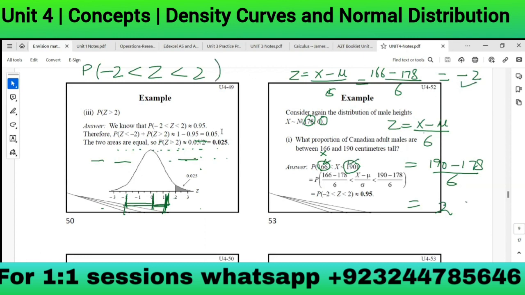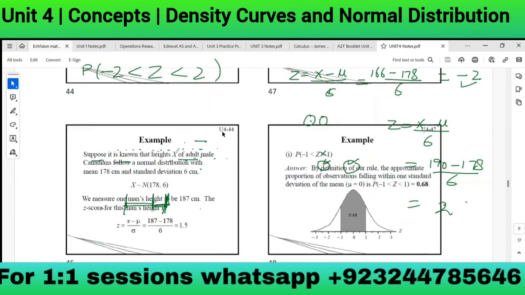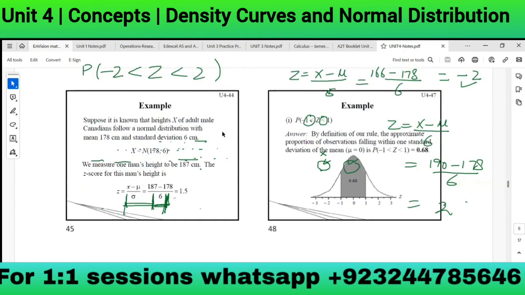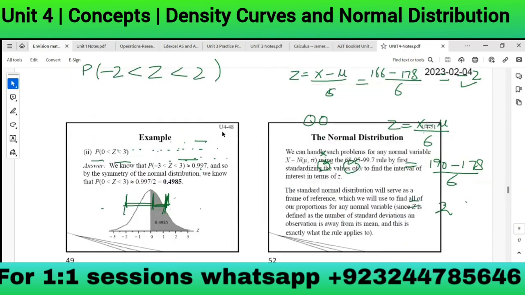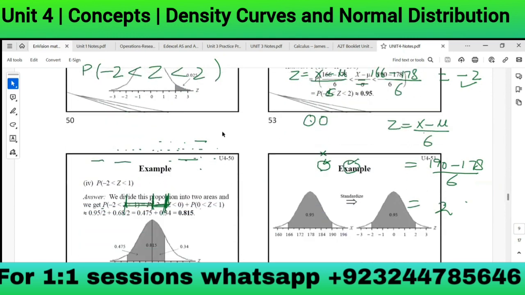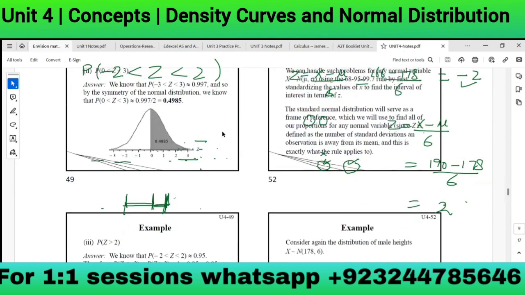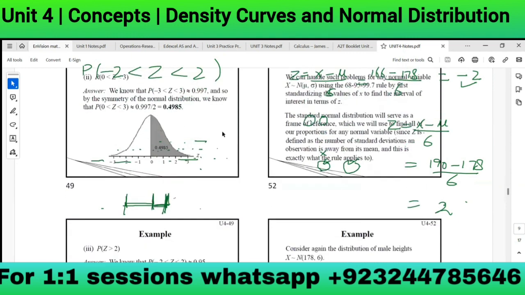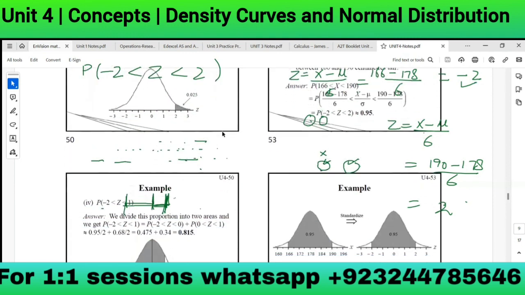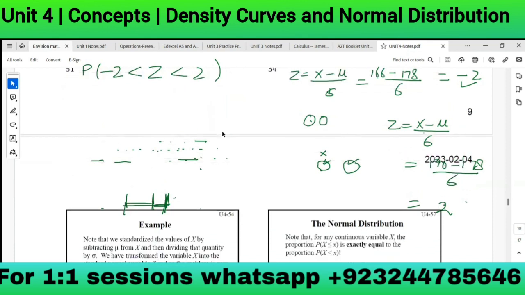Now what is the value equal to -2 and 2? Because we learned a few values by definition. Where is the value for -2 and 2? There's a table that he provided us.